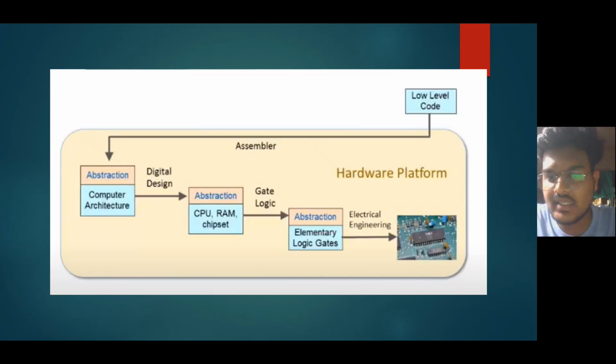Then we will need to learn about CPU, RAM, and chipset: what kind of CPU we are using, what kind of RAM we are using, and what chipset we will be working on. Thirdly, we will learn about elementary logic gates, which are combined together to make complex circuits that solve difficult problems and help the computer in working. They are the basic building blocks of computer logic.